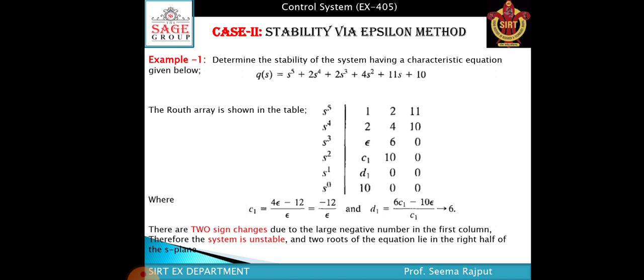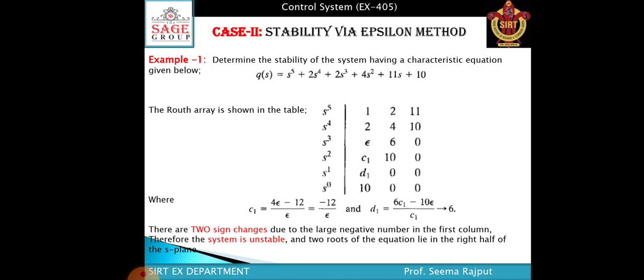In that table the highest power is 5, so we start with s to the power 5 and end with s to the power 0. So s to the power 5, 4, 3, 2, 1, 0, and put the values in the rows.